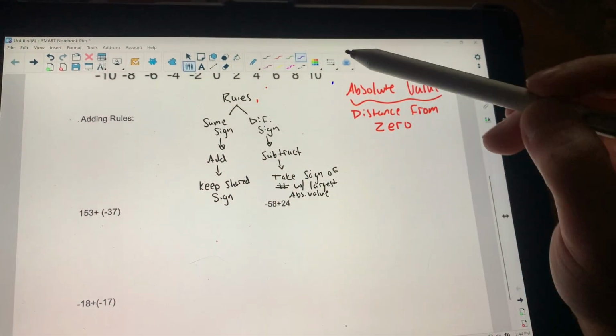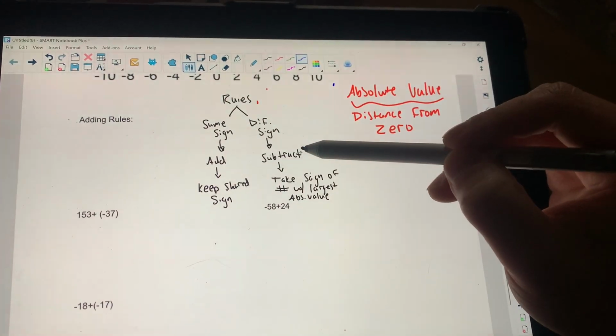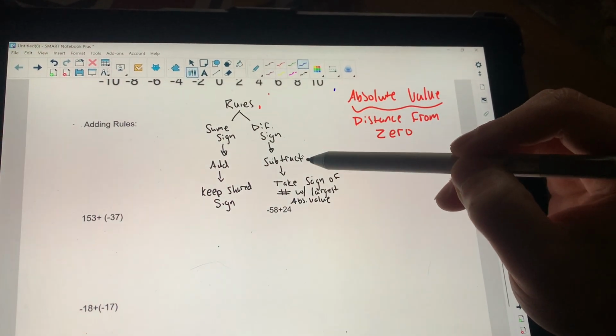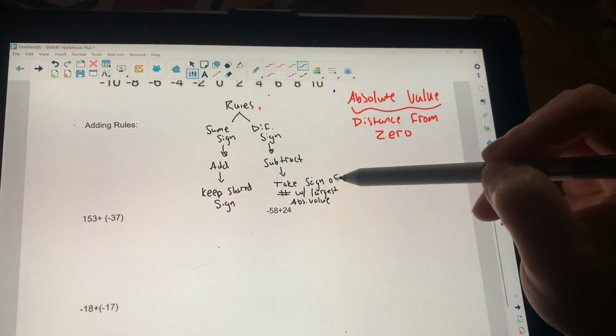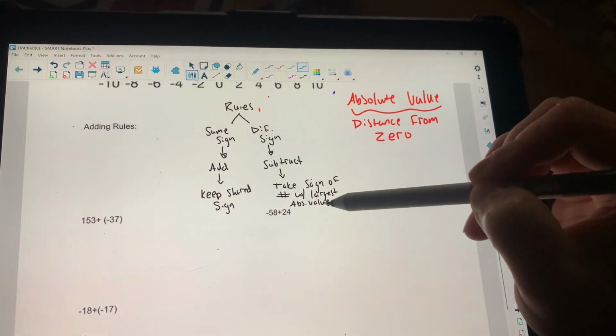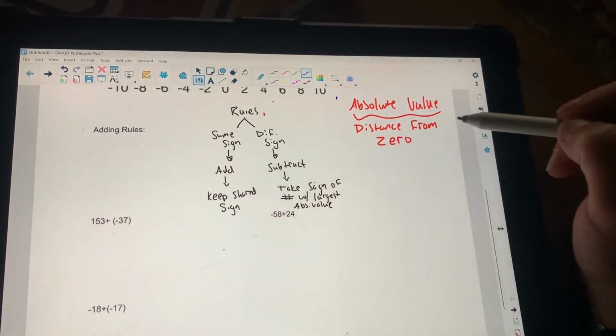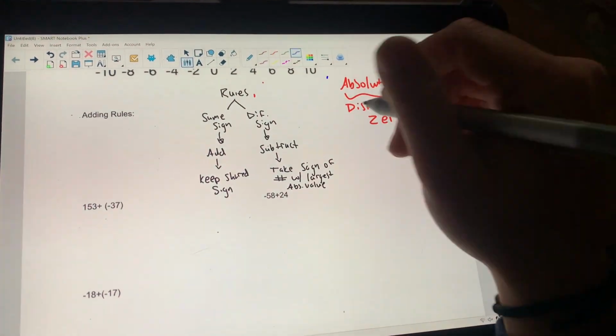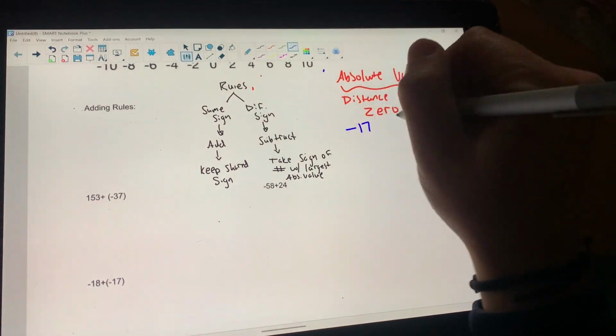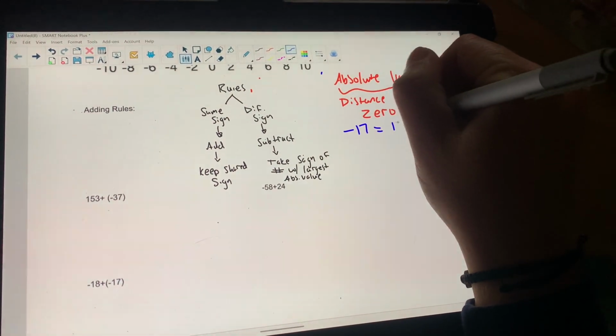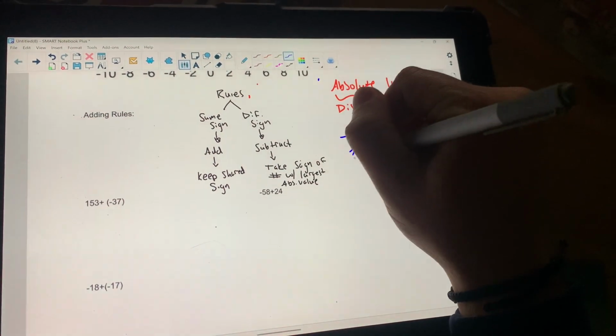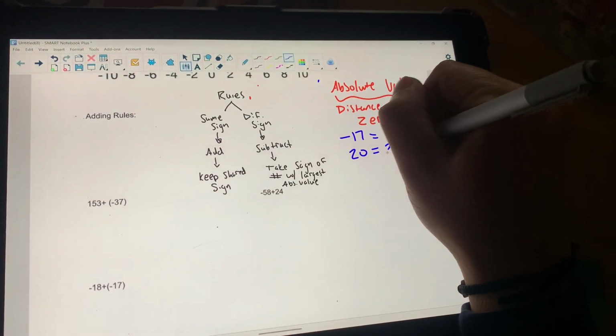If it's different signs, we subtract our two numbers, and then we take the sign of the number with the largest absolute value. So absolute value is the distance from 0. So negative 17 has an absolute value of 17. 20 has an absolute value of 20.